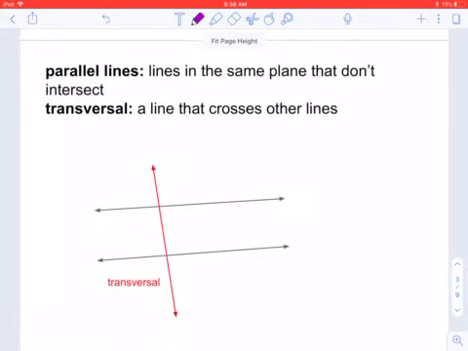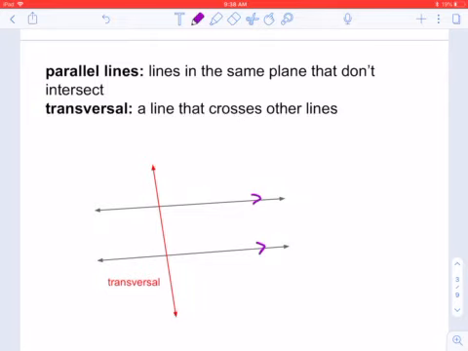All right, let's talk a little bit about definitions. Parallel lines is something that should be a familiar term to all of you, and they're lines in the same plane that don't intersect. So the black or gray lines that you see below, those lines are parallel. Sometimes we use a little symbol like this to show that the lines are parallel.